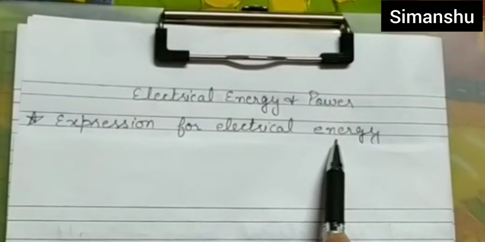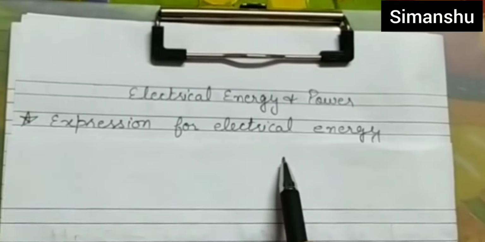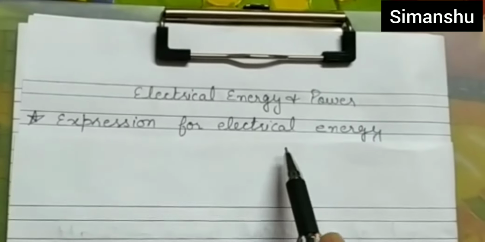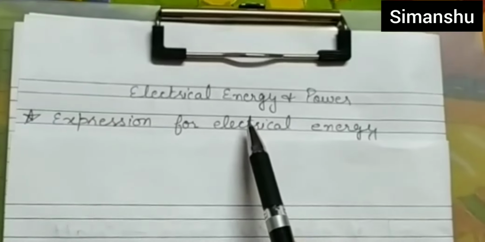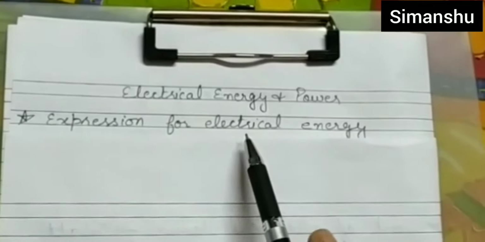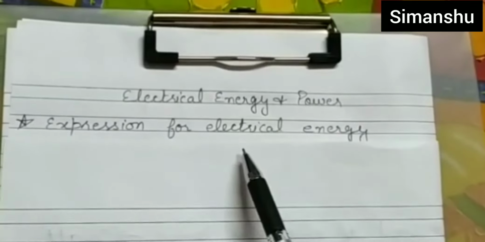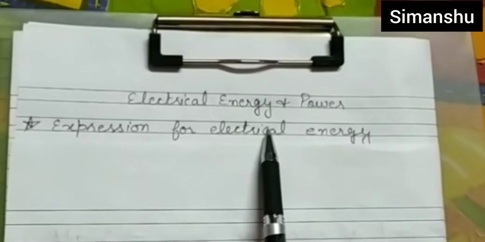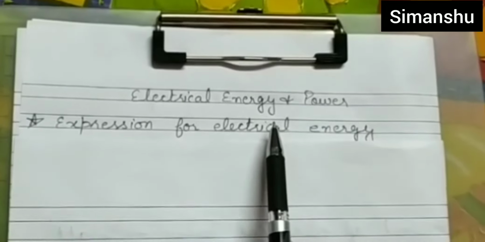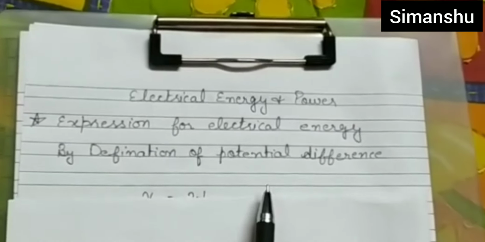The definition of electrical energy is the ability to do electrical work. If we want to calculate the electrical energy of a device or of a source, where should we start? Simple thing. We are already familiar with the definition of potential difference in a circuit.